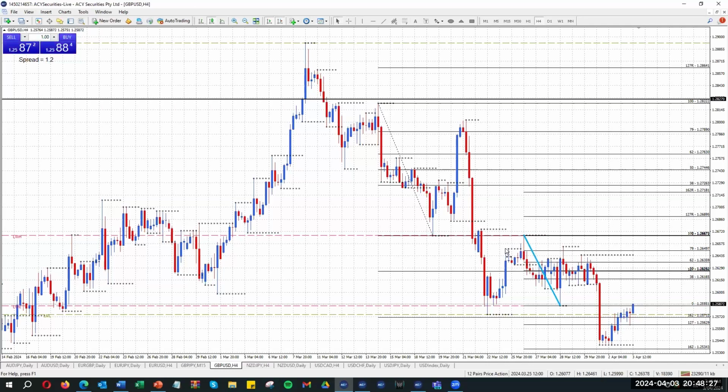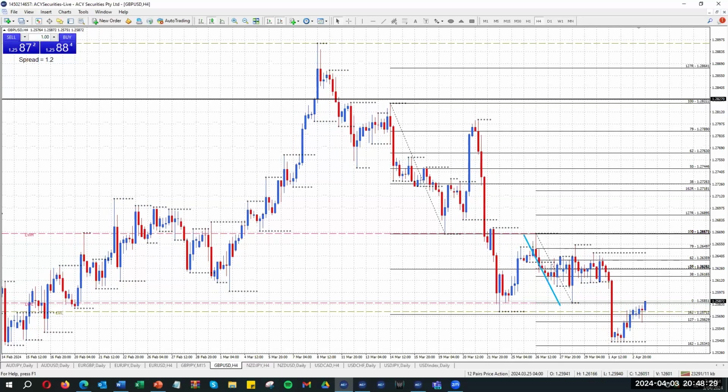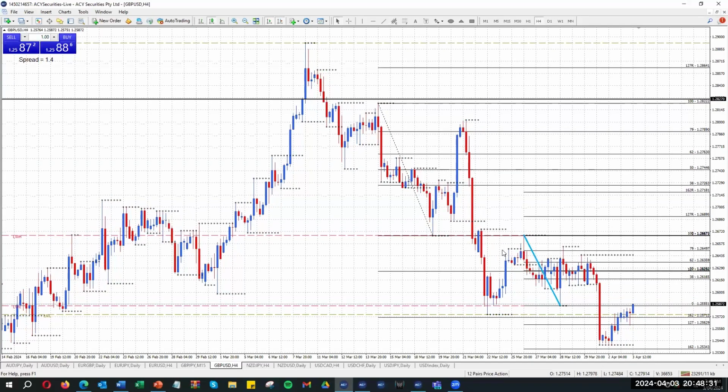There's a little head and shoulder pattern in here of sorts. 79% level. Okay. Then we obviously turn around. There's a smaller 79% level in here, which forms a little kind of head and shoulder pattern of some form.